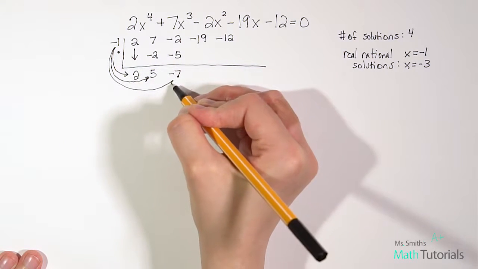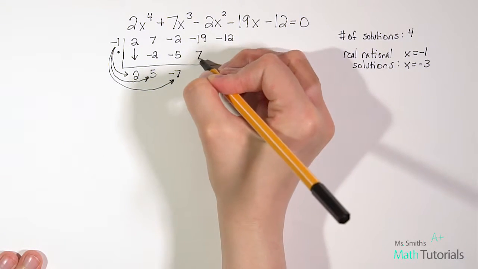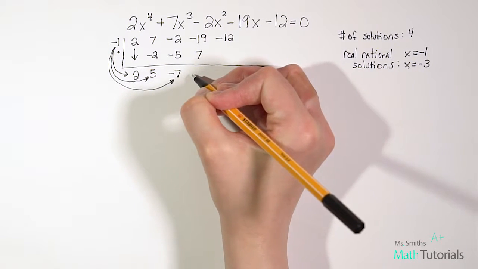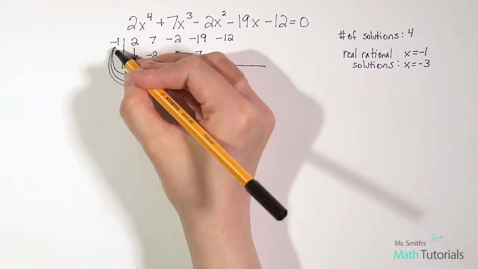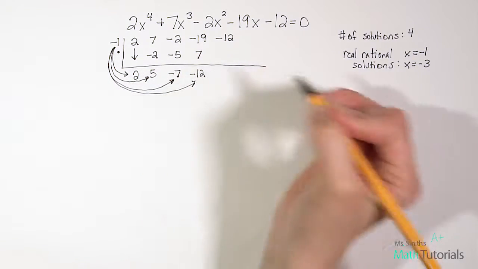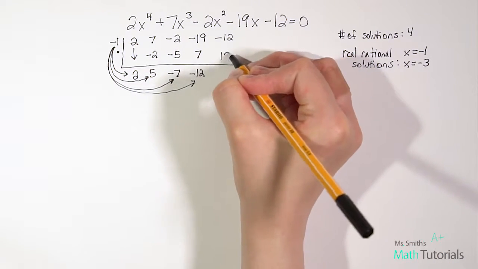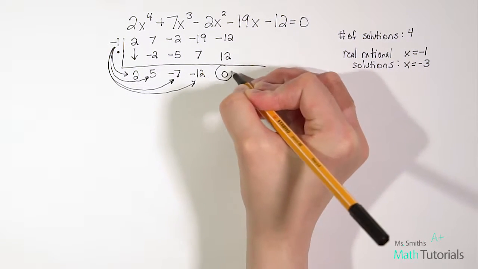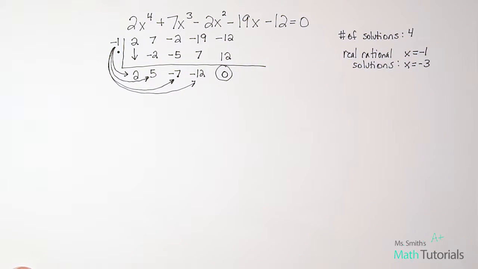Negative 1 times negative 7, that would be a positive 7. Negative 19 plus 7 would give us negative 12. Negative 1 times negative 12, well, that would give us positive 12. Now, negative 12 plus 12 gives us 0, which is exactly what we want, a remainder of 0.